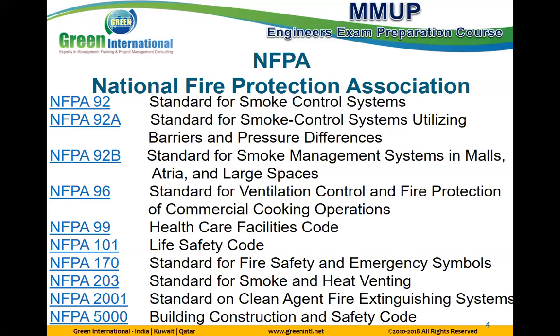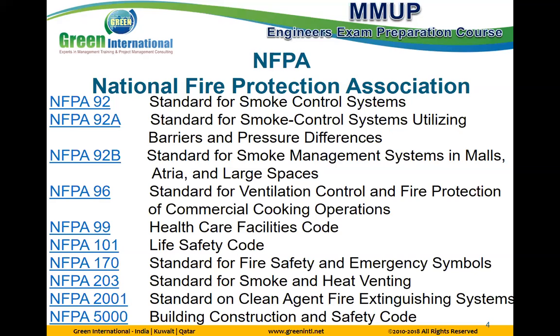It means a focus on mechanical ventilation. 92 is the standard for smoke control systems and is divided into two parts, but overall 92 focuses on mechanical ventilation, smoke control.